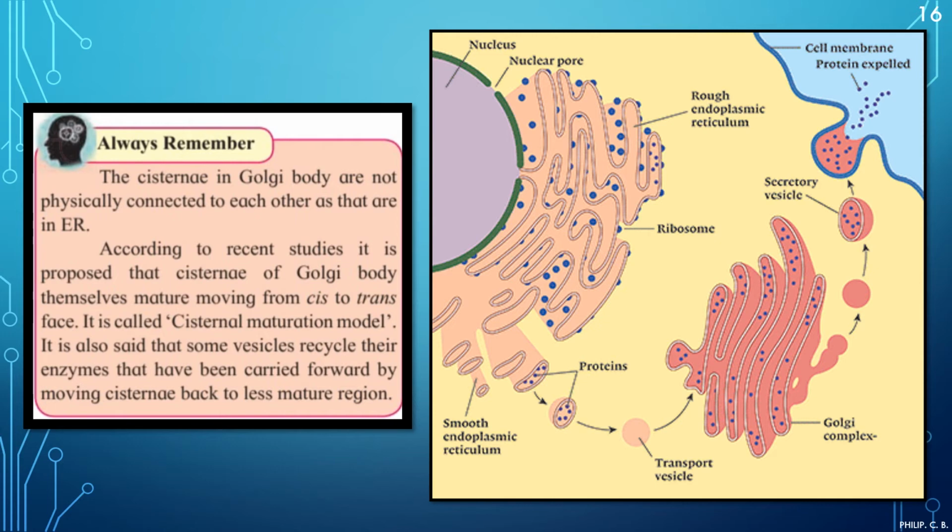You can see the nucleus, the endoplasmic reticulum, and the proteins, the smooth endoplasmic reticulum, the rough endoplasmic reticulum, the nuclear pore, and how the transport vesicle moves from the endoplasmic reticulum towards the cis end of the Golgi apparatus. Then from the trans end it is removed again as a secretory vesicle, and then you can see the cell membrane protein expelled out of the cell.